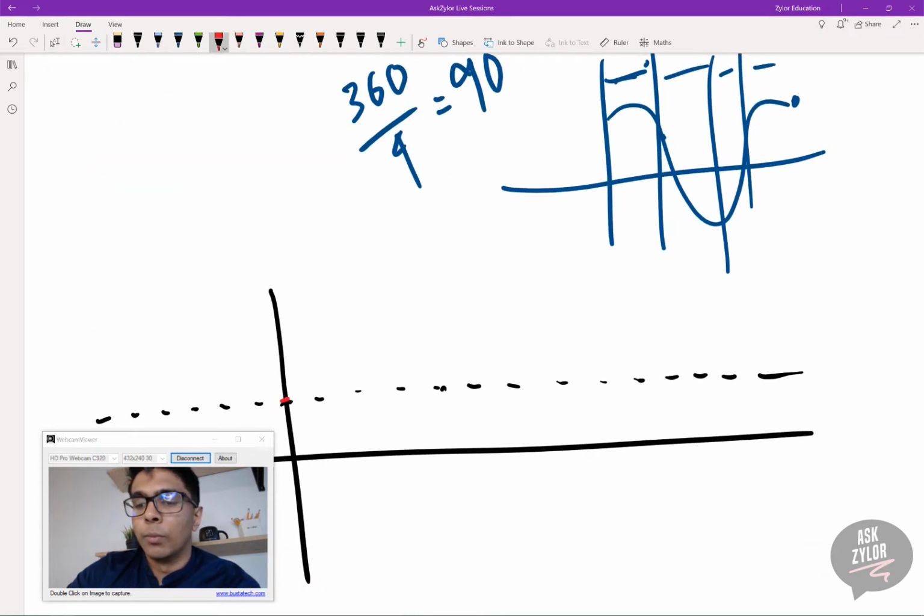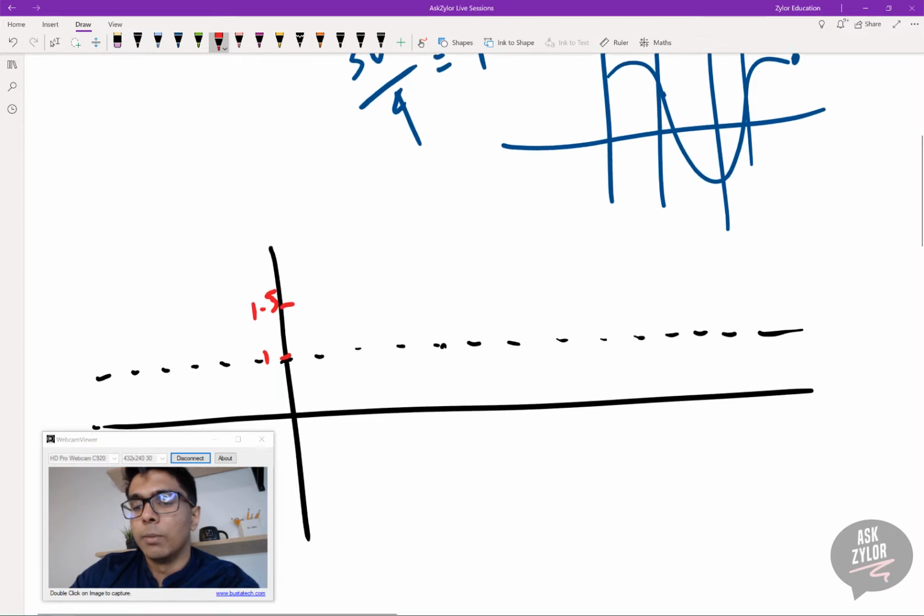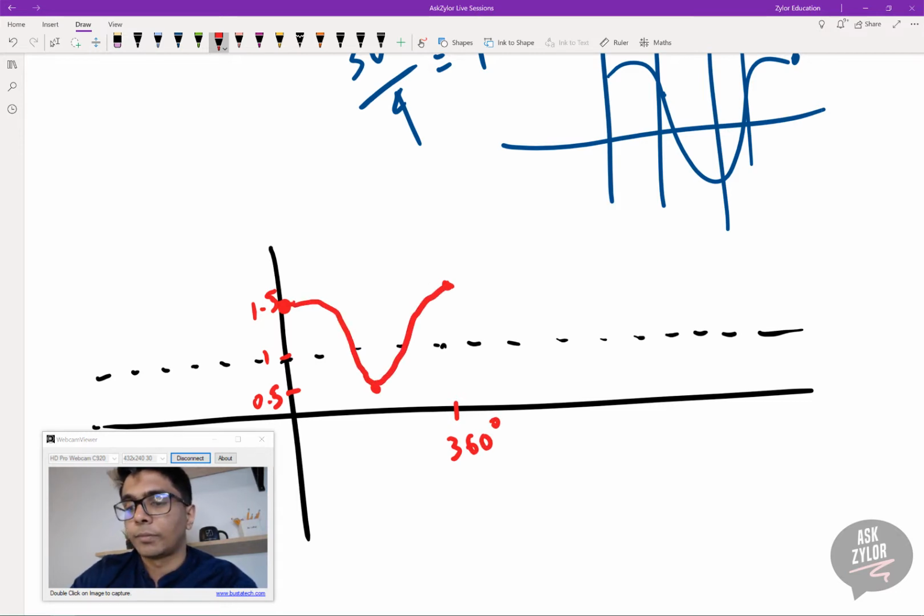That means from 1, my maximum value is going to be 1.5 and my minimum value is going to be 0.5. So if I draw the original cos function, I start at the maximum, I come down to the very bottom, and then I go back up, and that's 1 period, which should be 360 degrees. So it's going to look something like that.